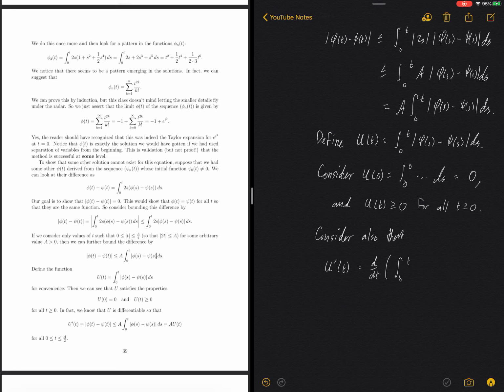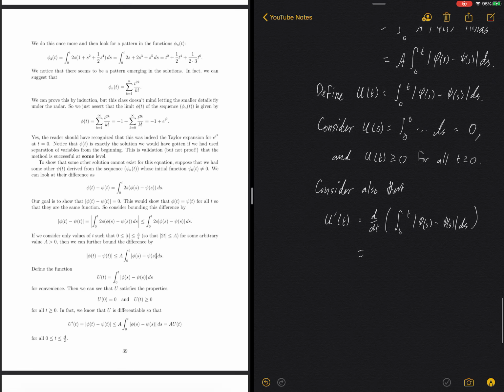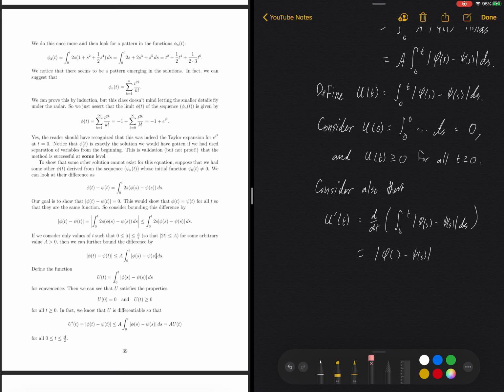Notice what happens here. Consider also that u prime, the derivative, is the derivative of an integral, the derivative of the integral from 0 to t of phi of s minus psi of s ds. The integral of a derivative, oh scholars of Calc 2, you know that this is just going to be phi of s minus psi of s.